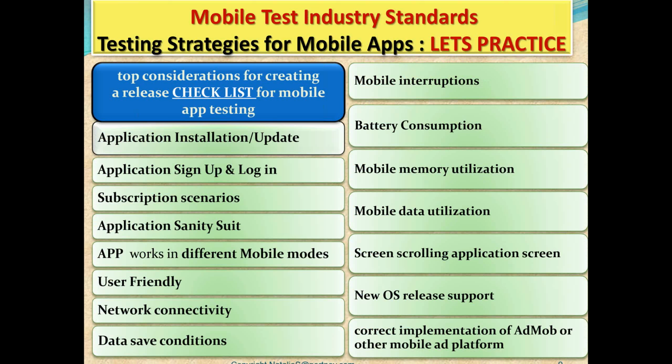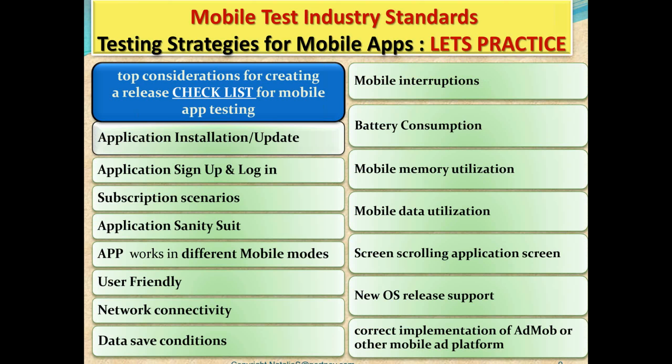We do have a test case with the airplane mode, and we do have some problems with that. Then your app should be user-friendly. Make sure that the user is able to easily understand how to use the application and go through the complete workflows.